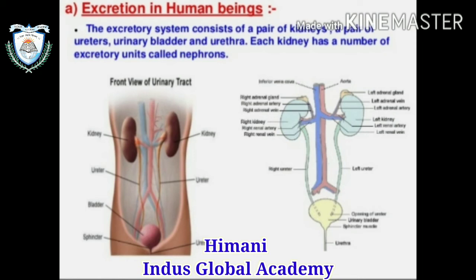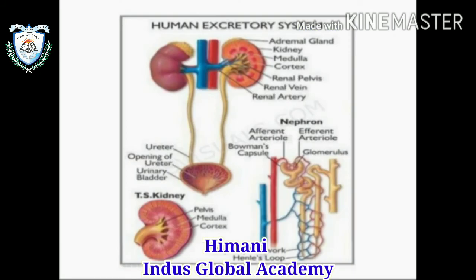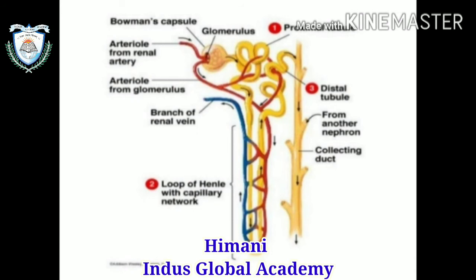So you will see the diagram of the excretory system. This is the diagram of the human excretory system, and on the lower side you are seeing the structure of the nephron which is present inside the kidney. And third is the transverse section of the kidney. Now nephron structure.